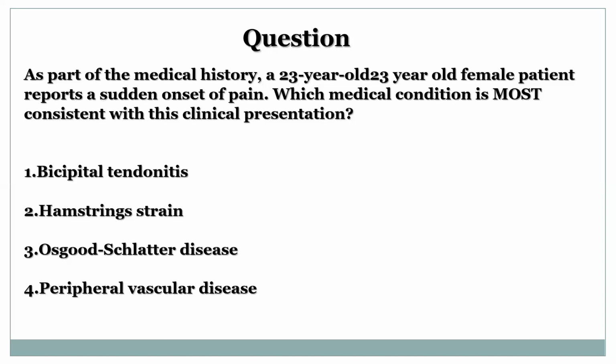Osgood-Schlatter disease, also known as traction apophysitis, is usually a self-limiting condition which goes away without much treatment. It results from what? From repetitive traction on the tibial tuberosity apophysis. There is repetitive tension on the patellar tendon, and it commonly occurs in young athletes. 23 could be young, or maybe a teenager or an adolescent, I don't know.